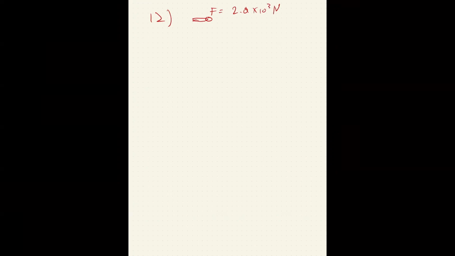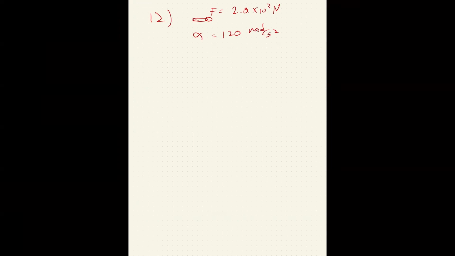Okay, so that's my force coming outward. A lever arm of 3 centimeters produces an angular acceleration. Now we know the angular acceleration is equal to 120 radians per second squared.